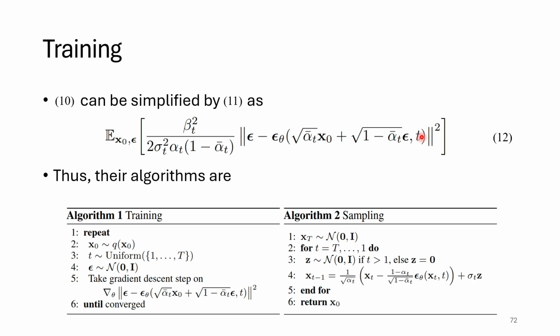Once they get the mathematical expression, their training becomes very straightforward. The x means their training image. Given a training image, they generate the step t from 0 to 1000 randomly, and randomly generate the Gaussian signal epsilon. Then they train their network to minimize the error between the given noise and the predicted noise.